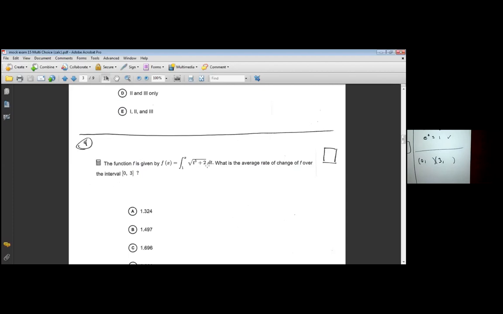I got 1.50. Okay, find me the same thing for 3. Now we're going to go from 1 to 3, same function. See what we get.